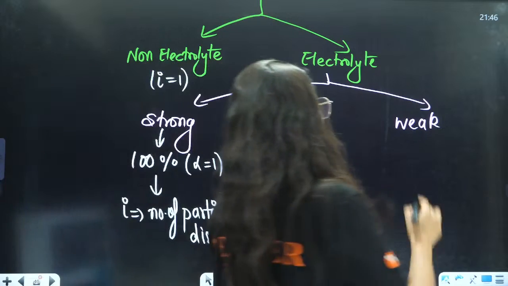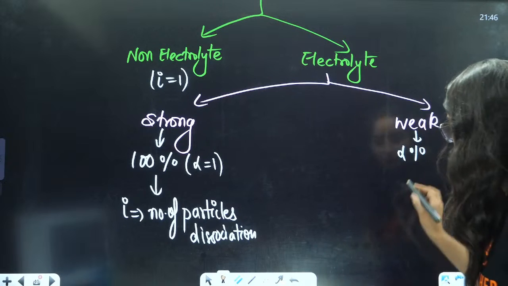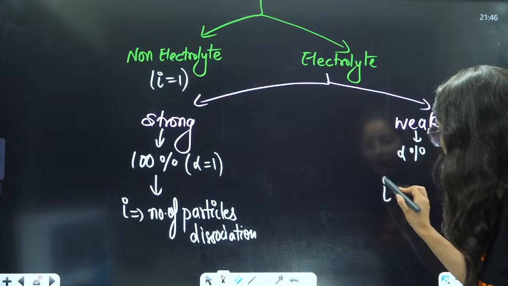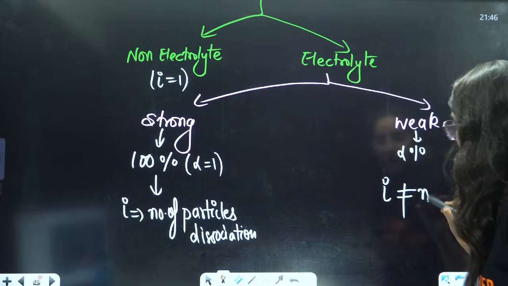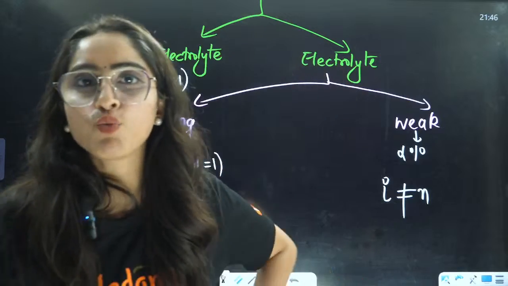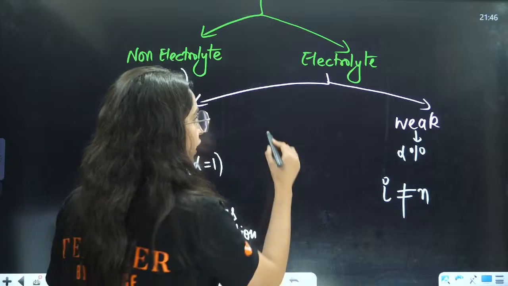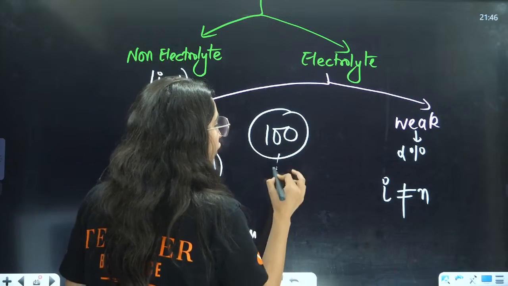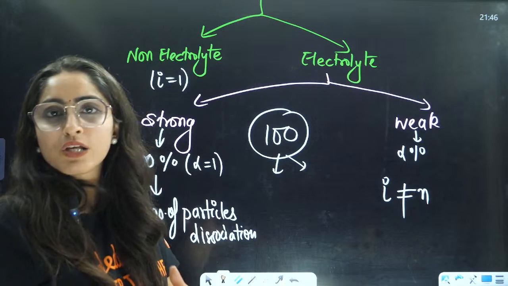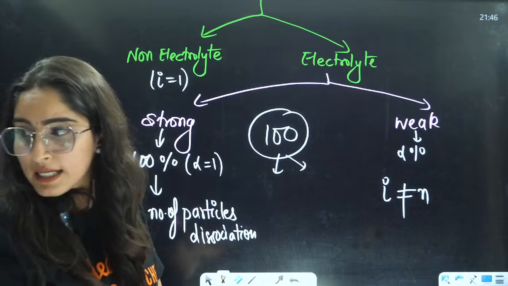But for a weak electrolyte, there is alpha percentage of association or dissociation. Hence your Van't Hoff factor will not be equal to n, and you will have to see what the value of alpha is. For example, out of 100 molecules, if only 50 molecules are getting dissociated, according to that you will have the Van't Hoff factor, right?